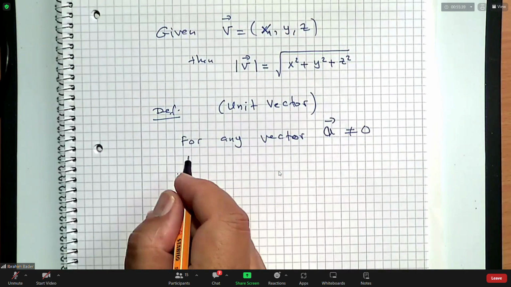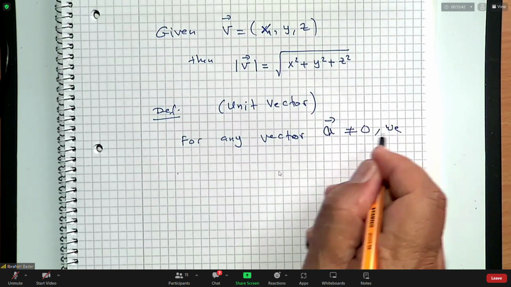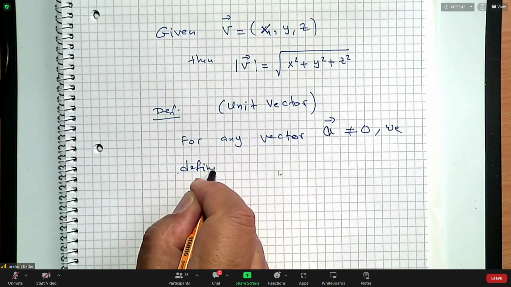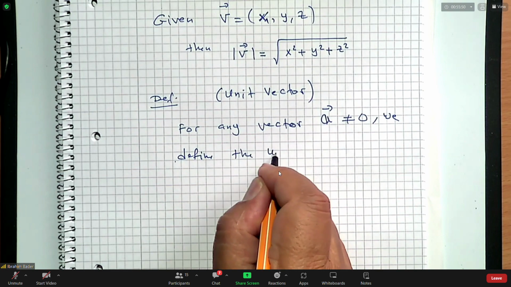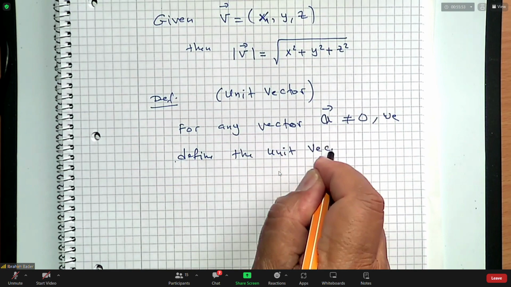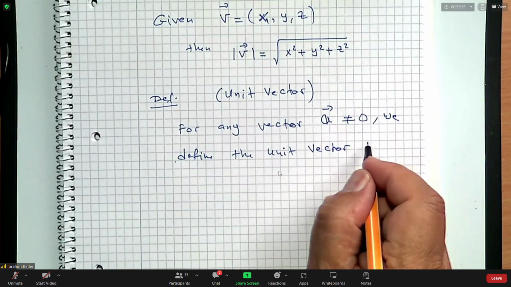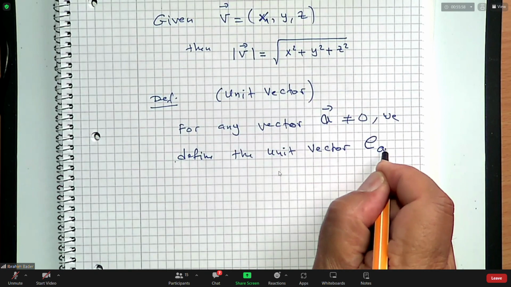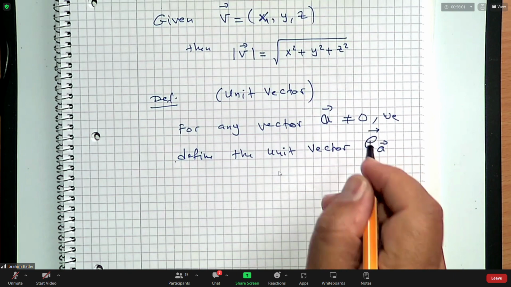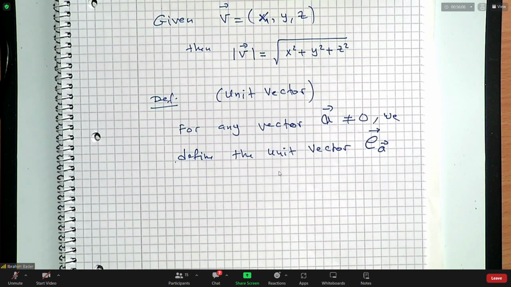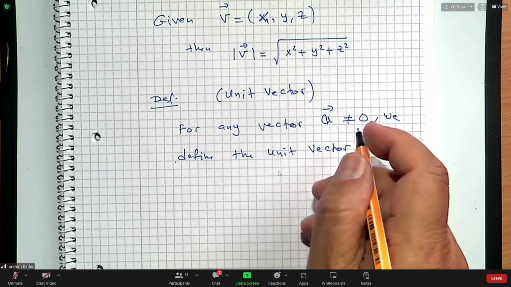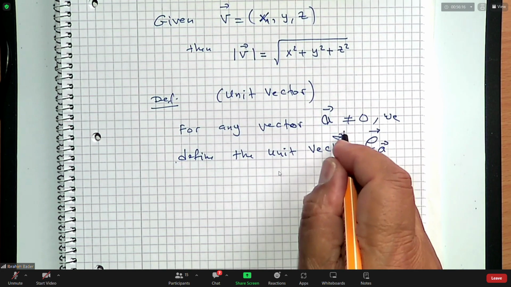Then we define the unit vector, we will call it E sub A. Now this notation here, in German unit is called Einheit, so it's E sub A. It means the unit vector here of A, okay?